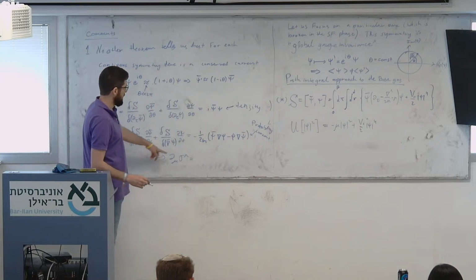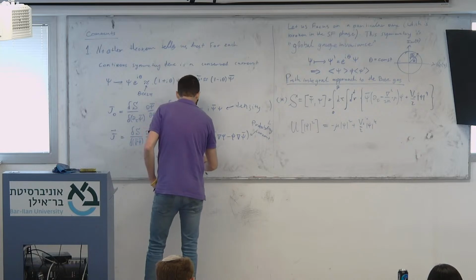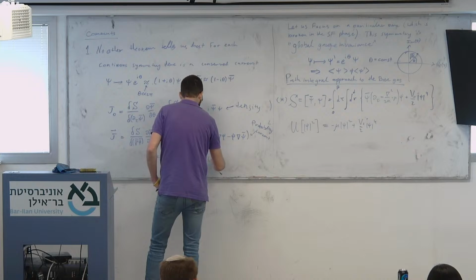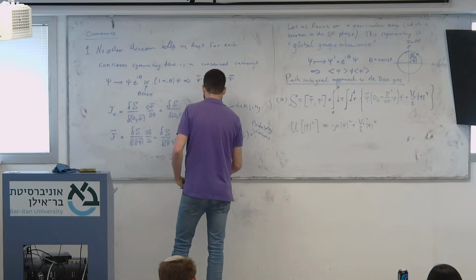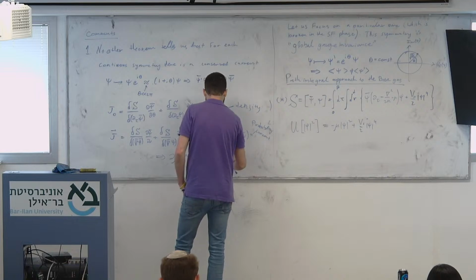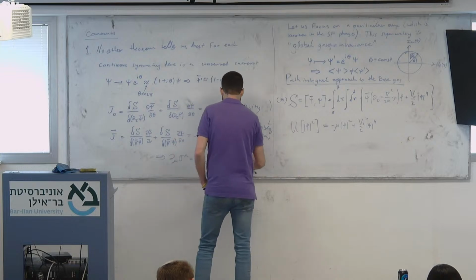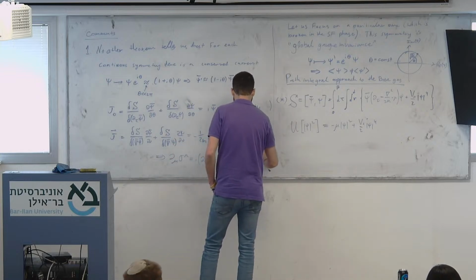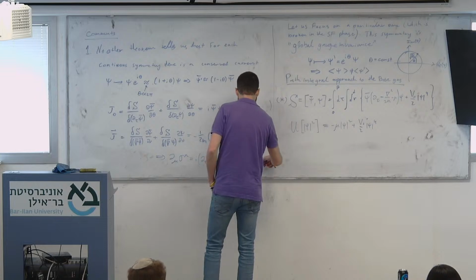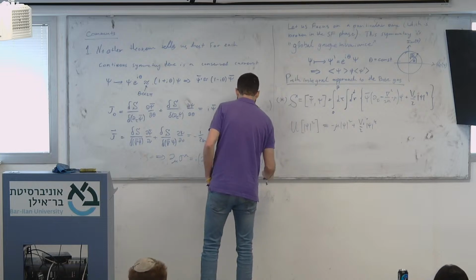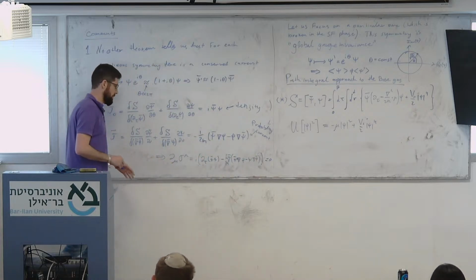Then we get something like i d tau psi bar psi minus the gradient of 1 over 2m of psi bar gradient psi minus psi gradient psi bar. This thing equal to 0 is basically just the continuity equation.